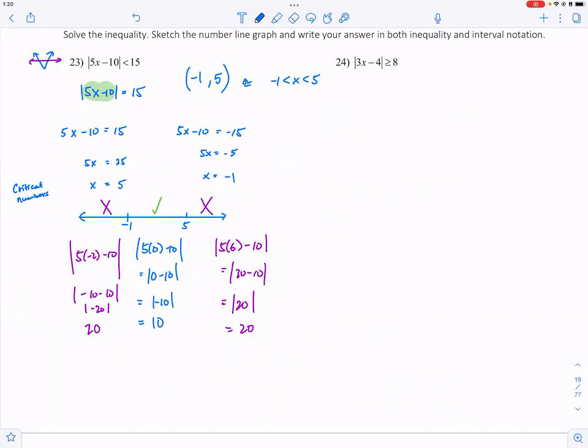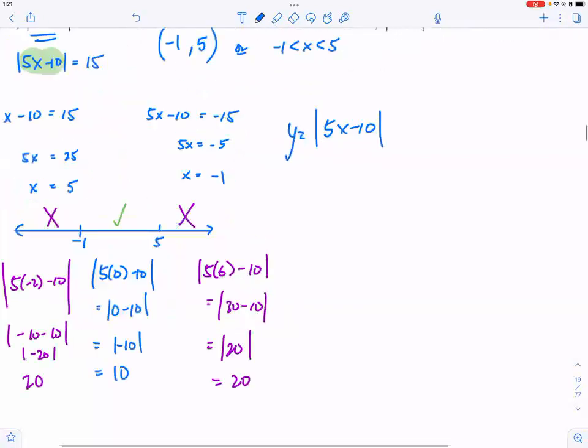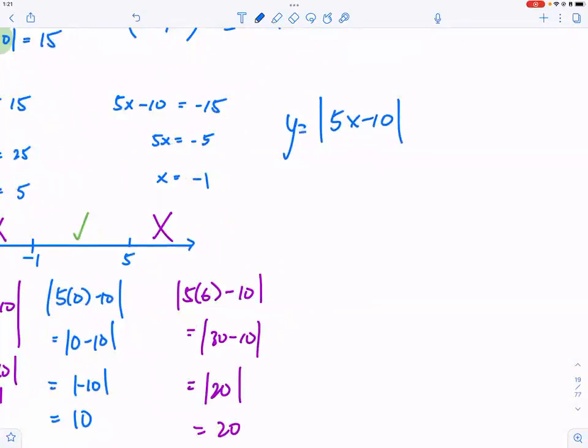Now, what about the graphing method? I think the graphing method is quite important, especially if you are going to calculus and you want to do well on the SAT. So if you look at the absolute value function, you may want to think about how to graph it if you have to. You would make sure that you factor the 5 first.